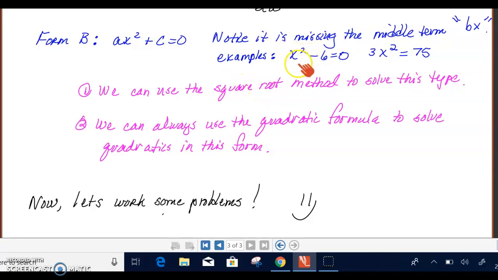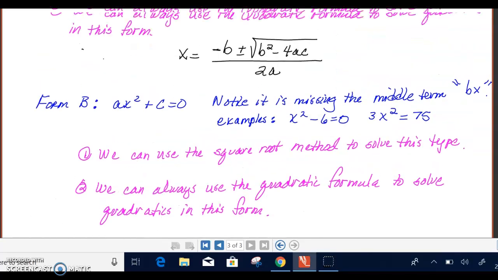Notice again that it may come in a format like x squared minus 6 or 3x squared equals 75.